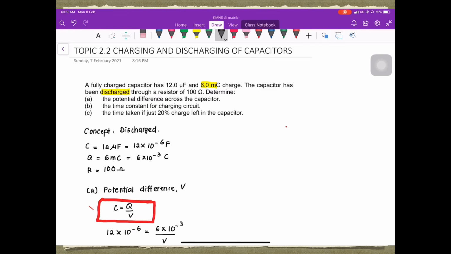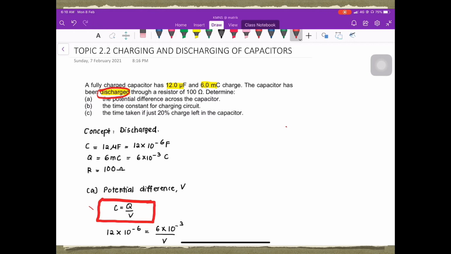Next, we want to discuss a related question on charging and discharging of a capacitor. A fully charged capacitor of 12 microfarad has a 6 millicoulomb charge. The capacitor is discharged, so the keyword here is discharge.